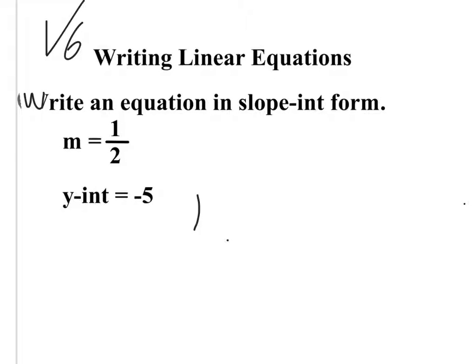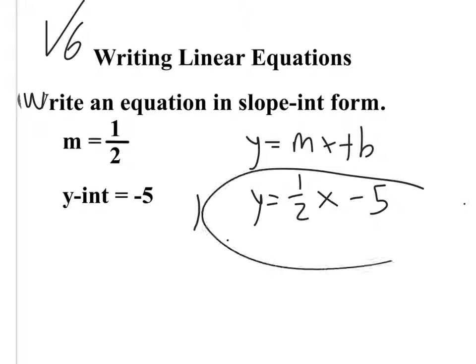All you got to do is plug it into this equation right here, y equals mx plus b. So I replace m with 1/2. I replace b with -5. There's my answer. The x and y's don't change. You just leave them. Okay? The only thing that is being added is your m and your b.